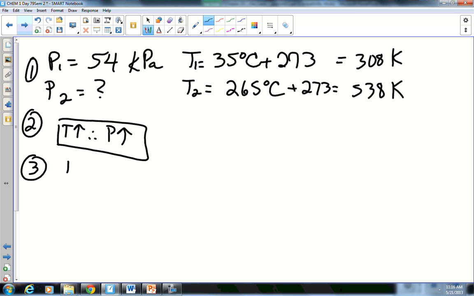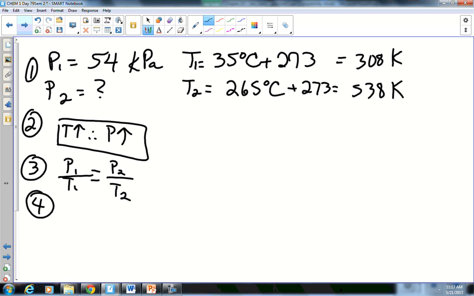Is it P times T or P over T? So it's P1 over T1 equals what then, Dallas? Over T2.